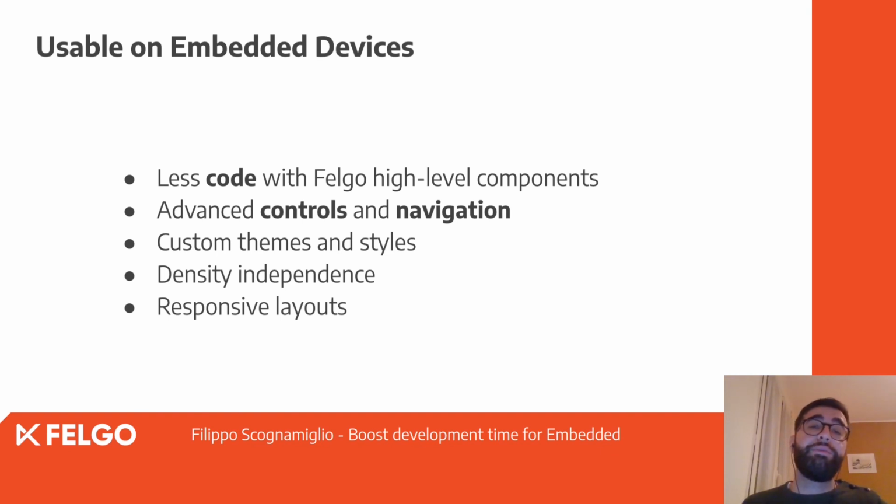There's also custom themes and styles via a very simple theming API, where you can just change, let's say, the accent color of your whole application, or you can go deeper and completely customize the behavior and the look and feel of every component. You also get density independence out of the box using DP and SP sizes, and responsive layouts which automatically adapt to the available screen space.